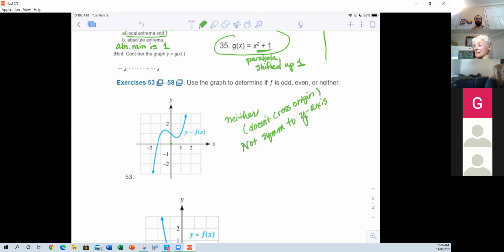And it's also not symmetric to the origin. Thanks, Gabby.